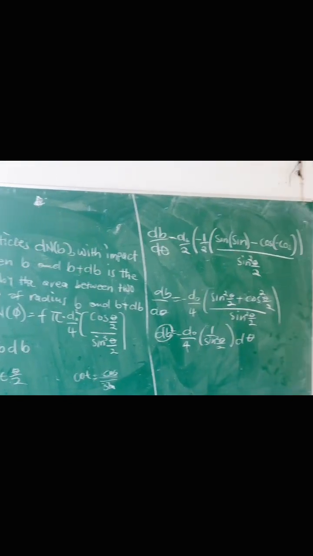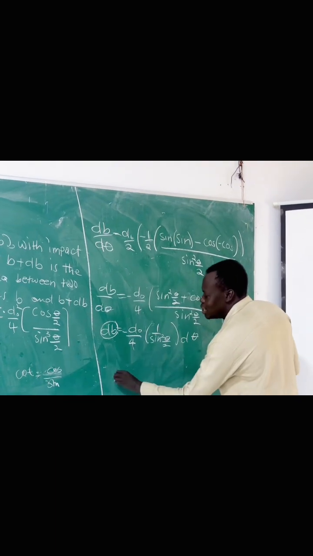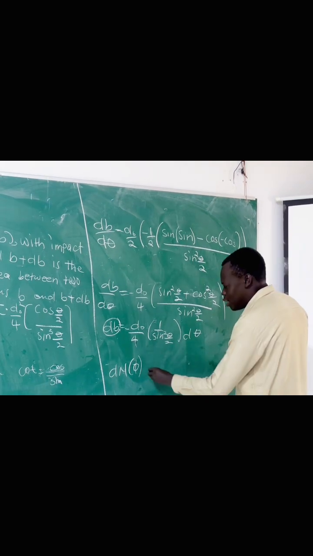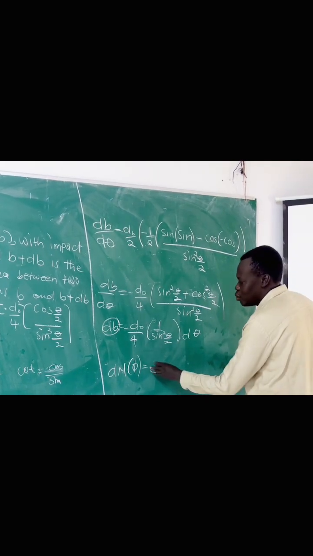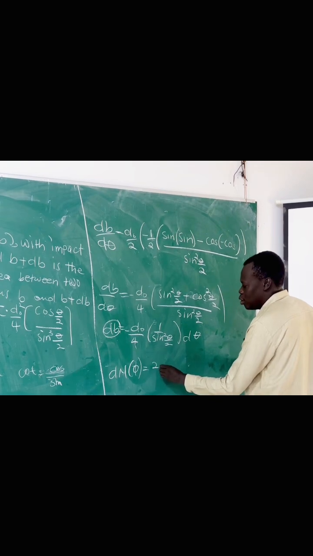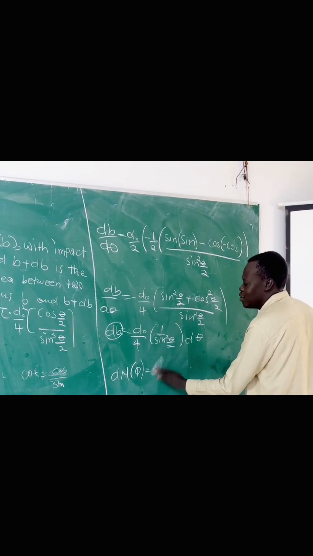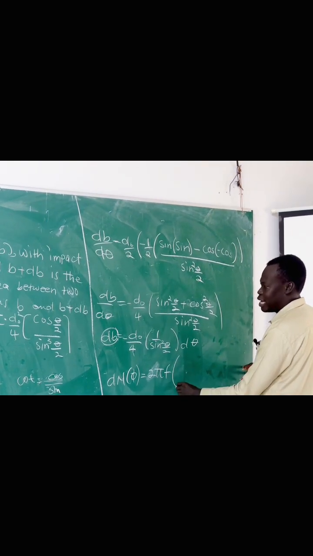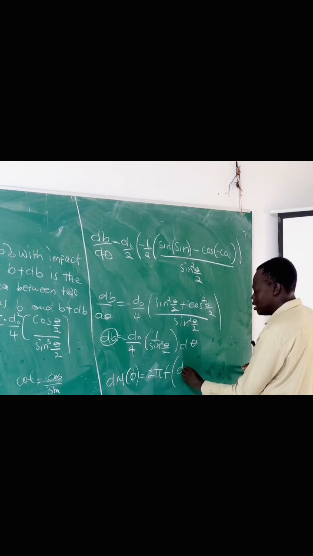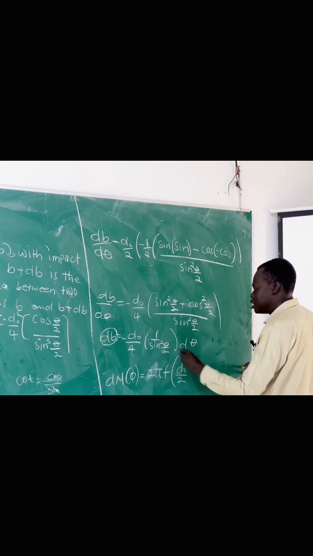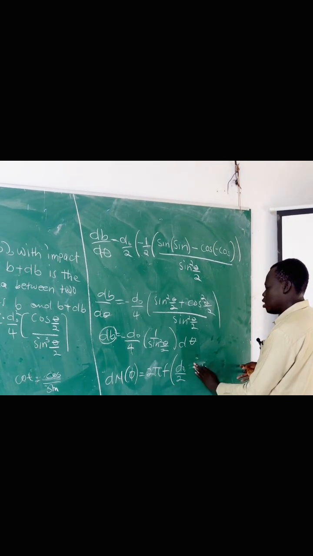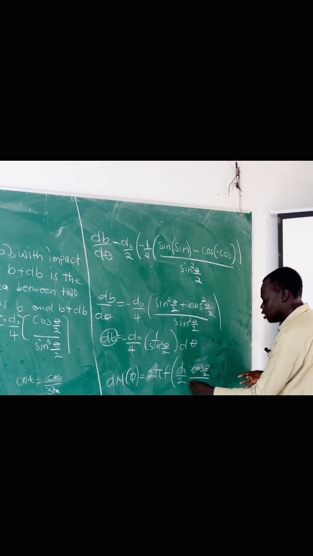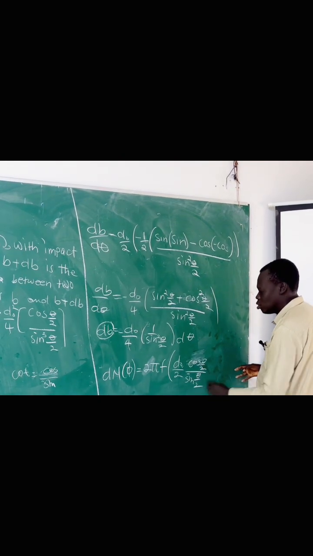Then we say dN with our phi is going to be 2 phi F, and then you open bracket, you put the value of b, that is d naught over 2, and then cotangent is going to be cos theta over 2 all over sine theta all over 2.